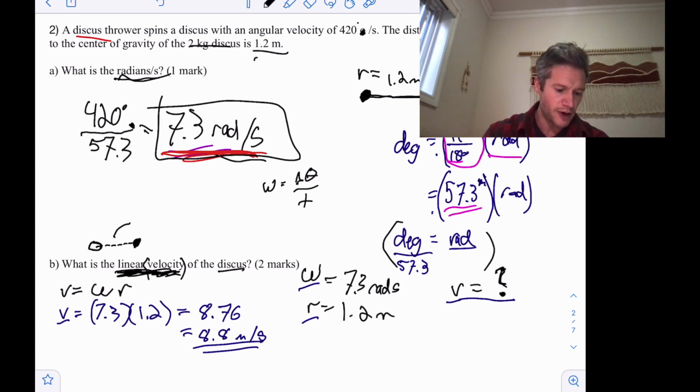They're going to whip around at an angular velocity, that's a W, of 7.3 rads per second. Okay, so I'm going to rewrite that just so it's a little clearer. Angular velocity is 7.3 rads per second.